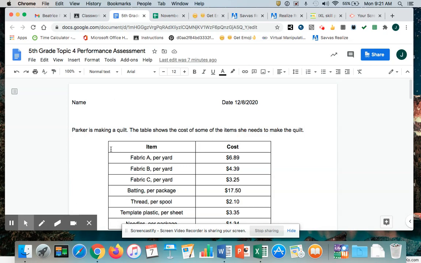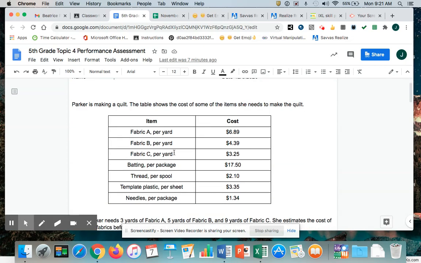Parker is making a quilt. The table shows the cost of some of the items she needs to make the quilt. Now, this data table is what you're going to use throughout this entire performance assessment. You have your items row here, you have your cost row here, okay? Fabric A per yard is $6.89. Fabric B per yard is $4.39.